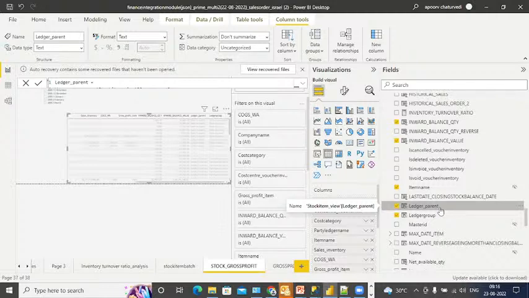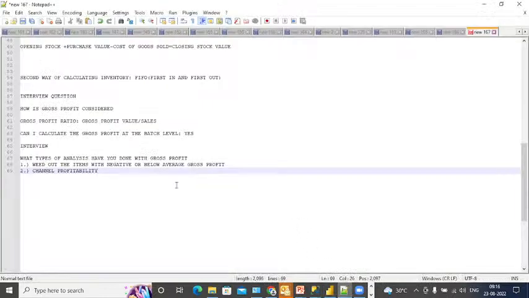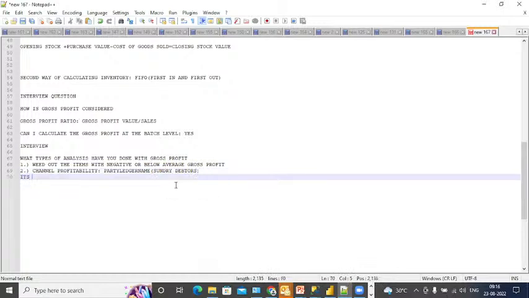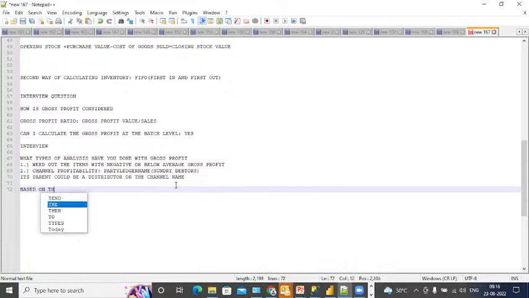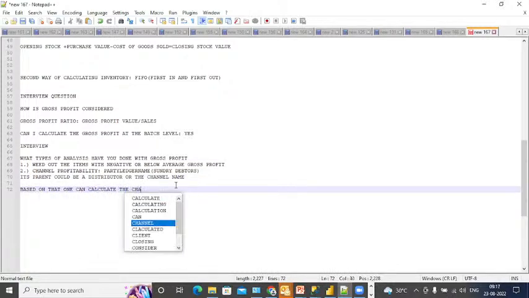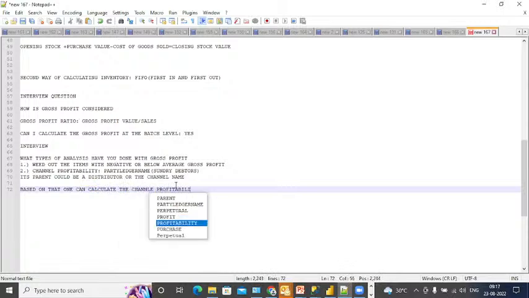So in order to find out which channels are not profitable, you basically take a party ledger name which is associated with sundry debtors, and its parent could be a distributor or the channel name, and then based on that one can calculate the channel profitability.